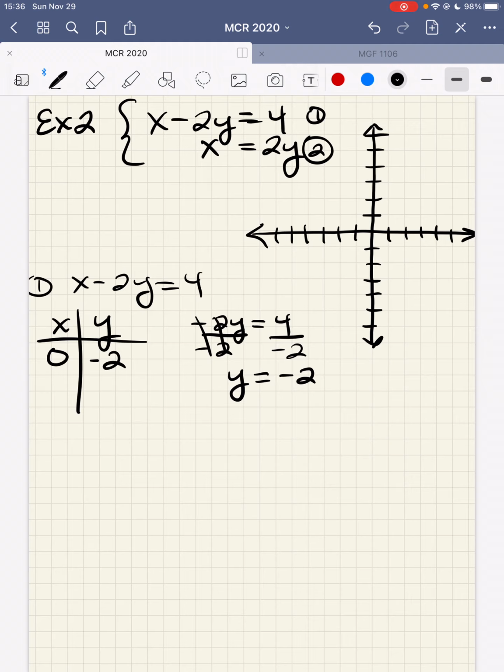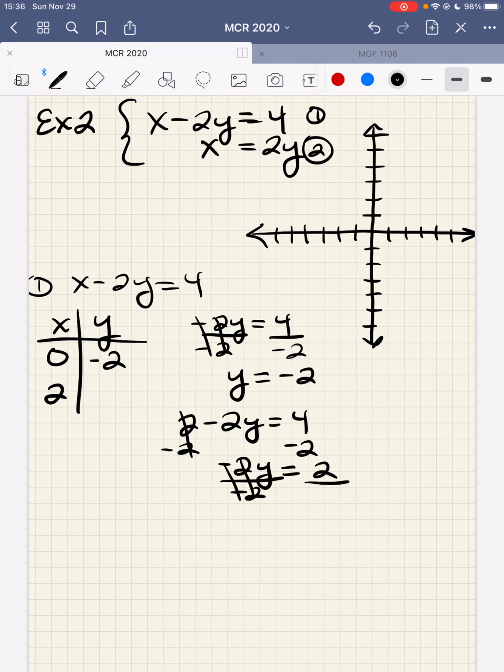We can go ahead and make x 2. Again, it's your choice. You could do whatever you would like. So if x is 2, I have 2 minus 2y is equal to 4. Subtract 2 from both sides. Negative 2y is equal to positive 2.